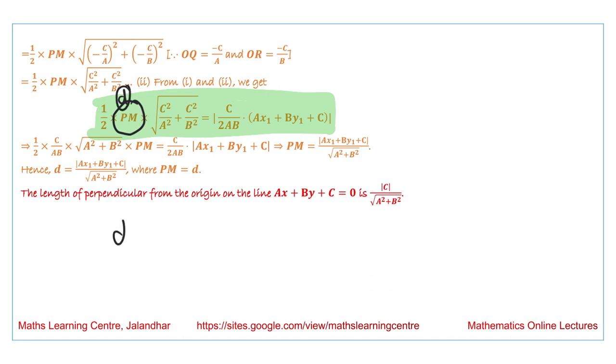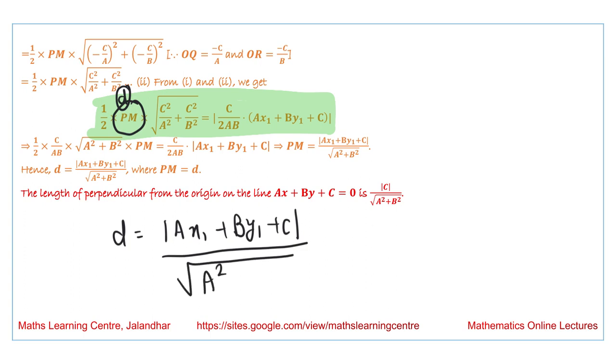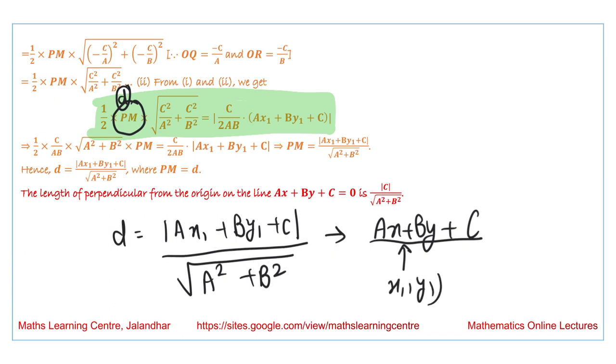The value of d that we obtain is mod of (ax1 + by1 + c) divided by the square root of a square plus b square, where the equation of the line is ax + by + c and the point from which we are calculating the distance is (x1, y1).